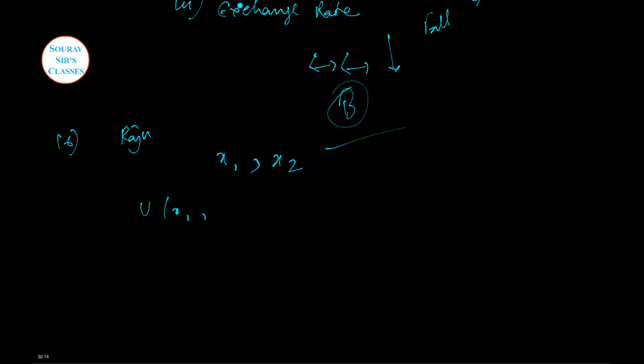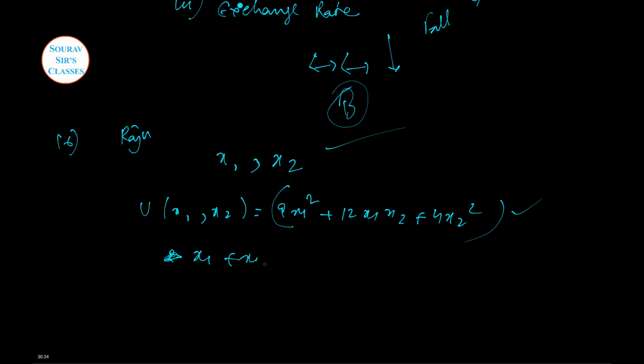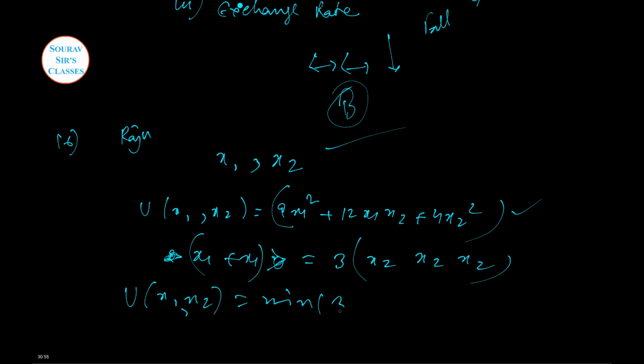So u equal to 9x1 squared plus 12x1x2 plus 4x2 squared. So it's a quadratic function, so this can be a possibility. Next, 2 units of x1 is always perfectly substitutable with 3 units of good 2. The second one is u of x1, x2 equal to minimum of 3x1 and x2.